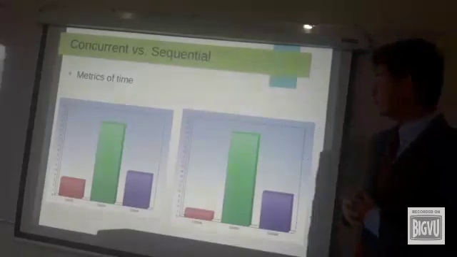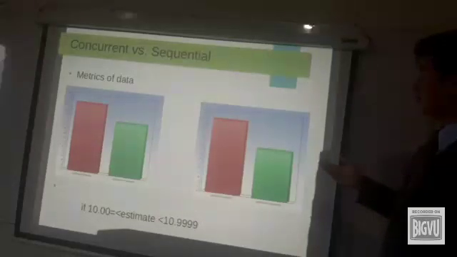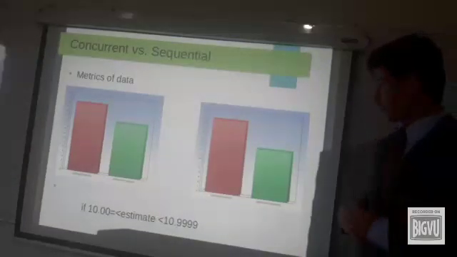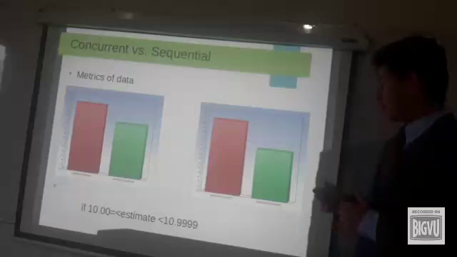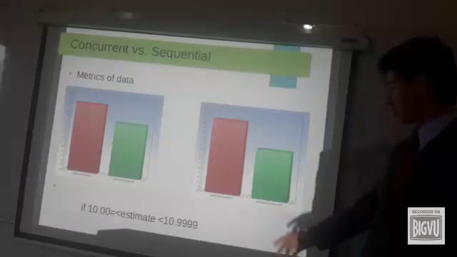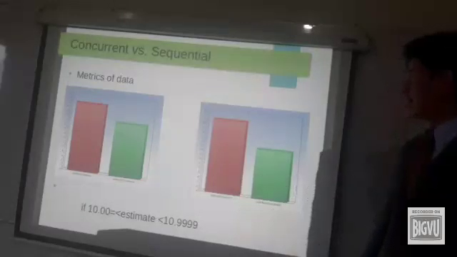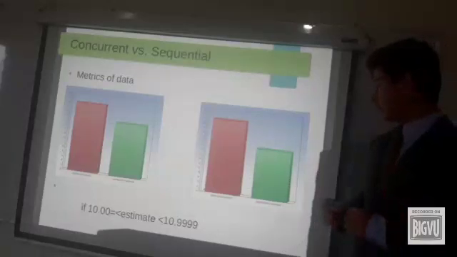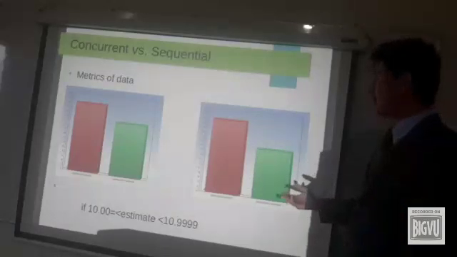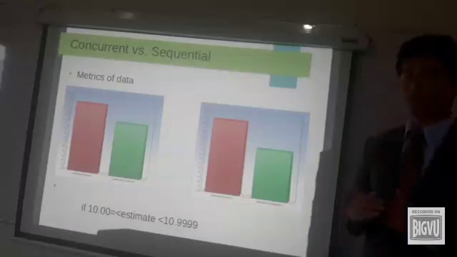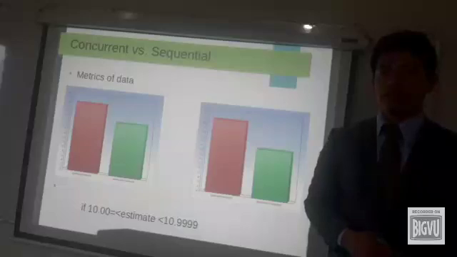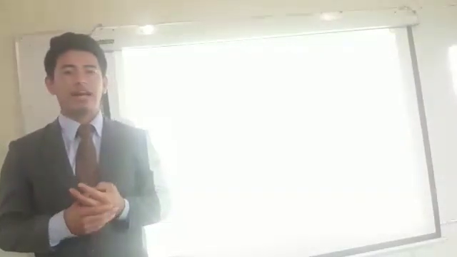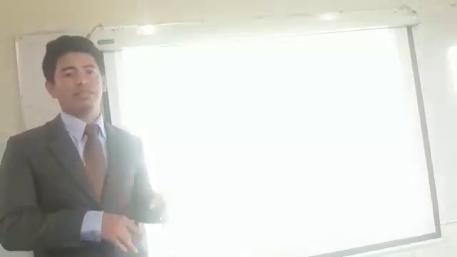The second metric is the quality of data. The values that stay in the range specified in this slide, the color red represents the quality of data, and the green part represents the estimated error. With these two metrics, I prove that the concurrent version has improvement with respect to the sequential solution.